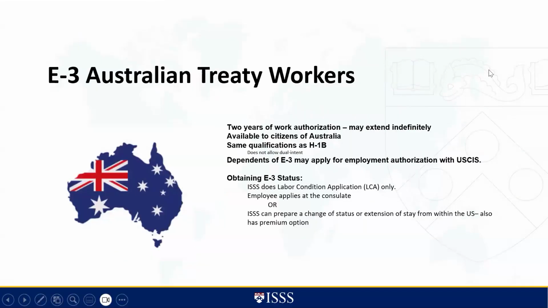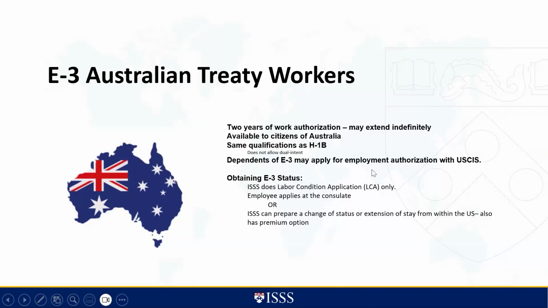Next slide. Okay, the next one is E3. E3 is only for Australian workers. Just like TN, the initial time is 2 years, but it can also be extended indefinitely.